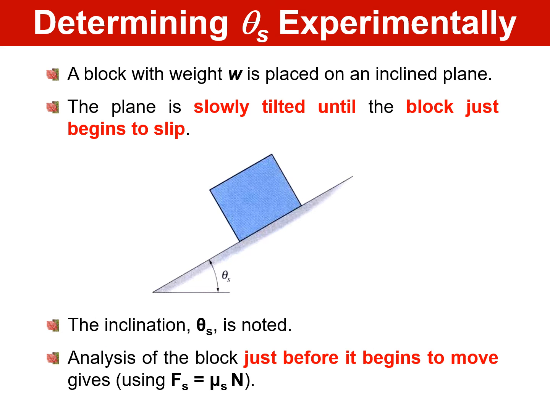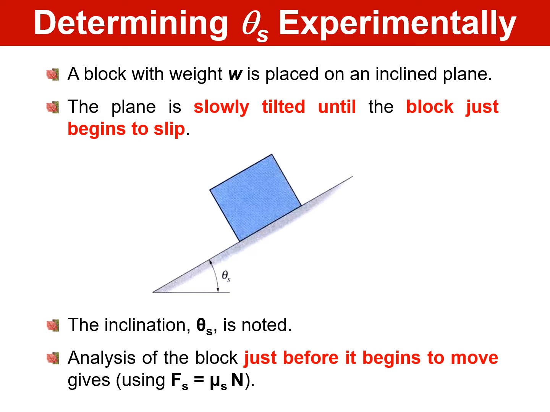Okay, so this is how to determine theta s, the angle at which the block or the box is about to move. You can see that a block with weight W is placed on an inclined plane. The plane is slowly tilted until the block just begins to slip.